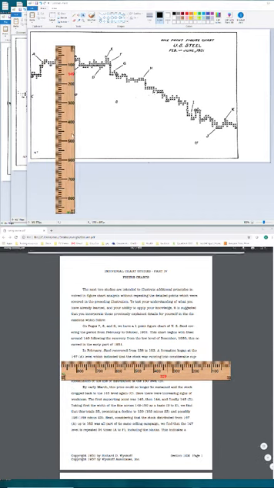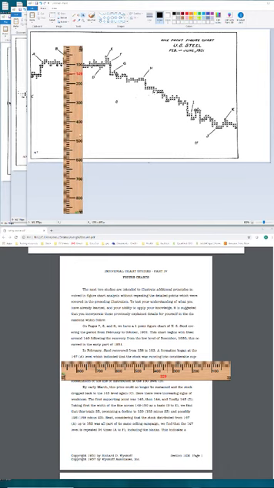So the formation started at A, as you can clearly see. The formation.